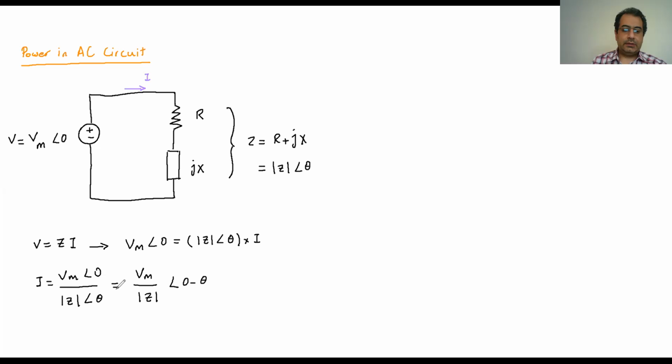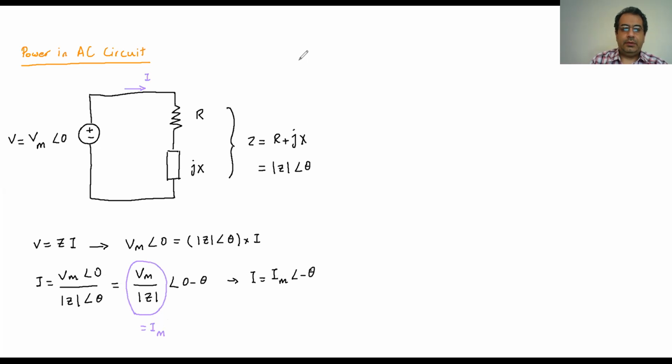If I call this term Im, the maximum current, assume this is equal to Im or I max, then I can say that I is equal to Im with angle of negative theta.